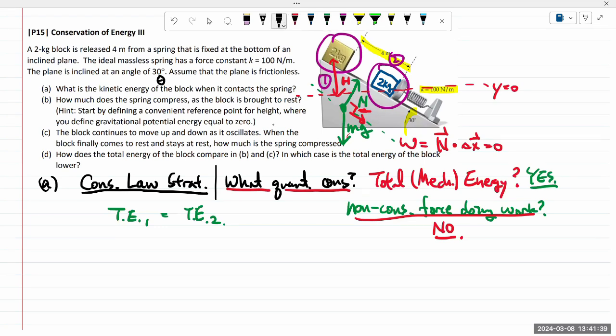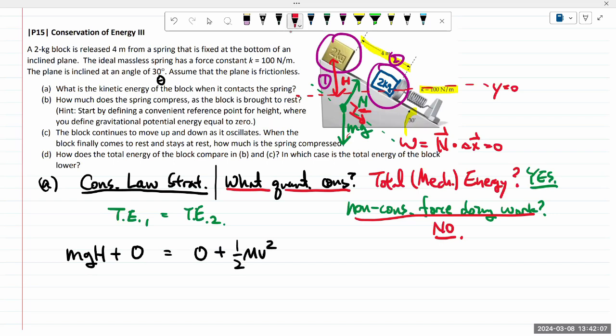Okay, so with that I'm going to say my total mechanical energy is mgh for snapshot 1 plus the kinetic energy. It's being released from rest, right? So kinetic energy must be 0 in that snapshot. When it's slid down to this position, then its gravitational potential energy is 0. We expect it'll be moving at some speed v, so (1/2)mv squared.